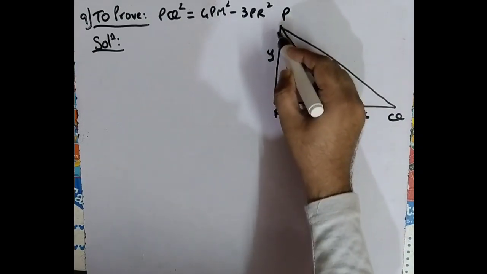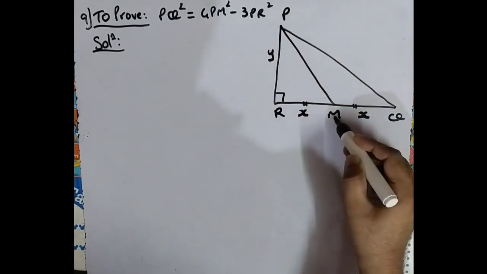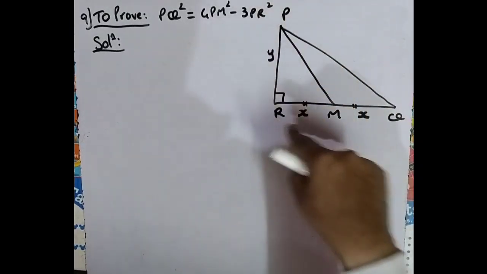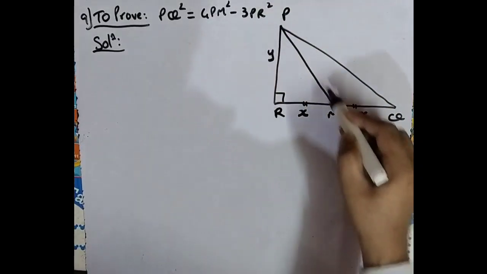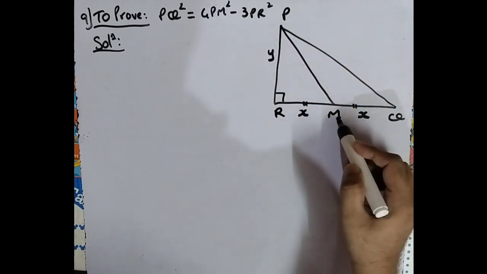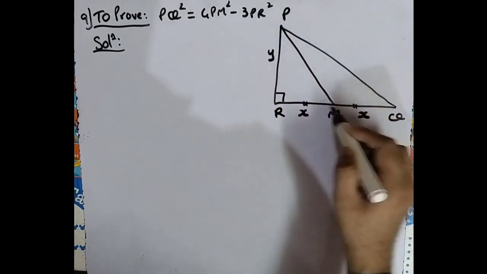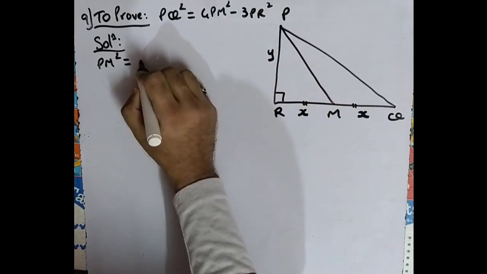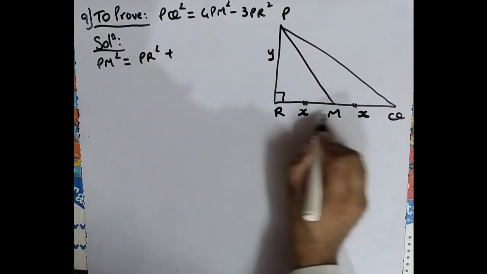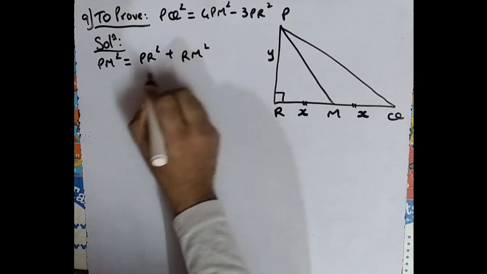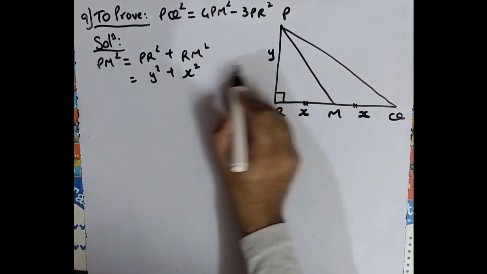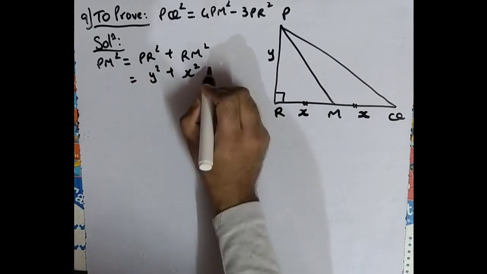One is right angle triangle PRM and the other is right angle triangle PRQ. In right angle triangle PRM, let us apply Pythagoras theorem. PM square is equal to PR square plus RM square is equal to Y square plus X square. In place of PR, Y, and in place of RM, X.